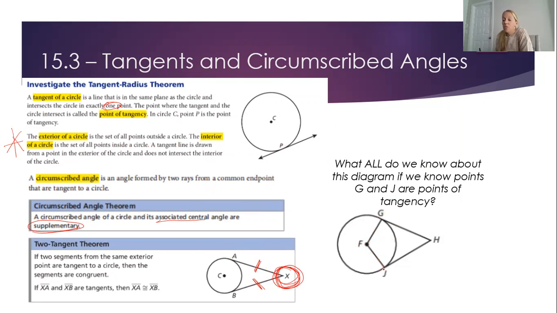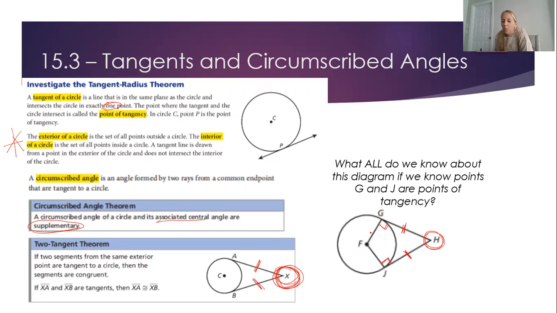FG, FJ are radii. How do we know they're radii? Any segment from the center to the side of a circle is always a radius. So that means we know this is a right angle. That's one thing we know. This is also a right angle, where the tangent meets the radius. Two tangent theorem tells us that this segment GH is congruent to JH because they intersect at a common endpoint outside the circle.